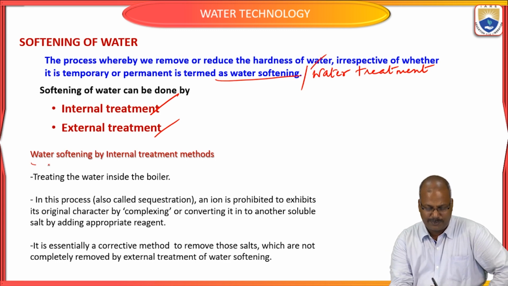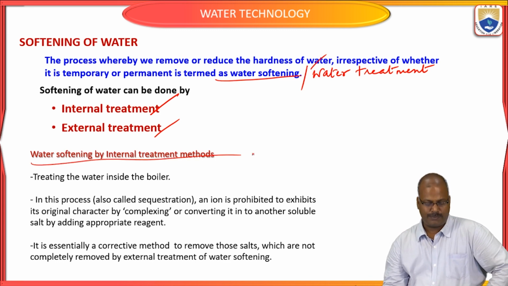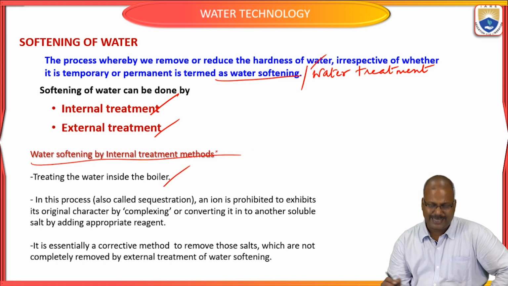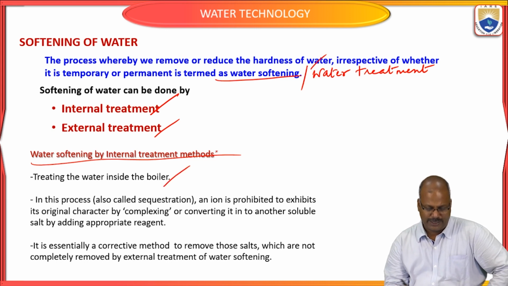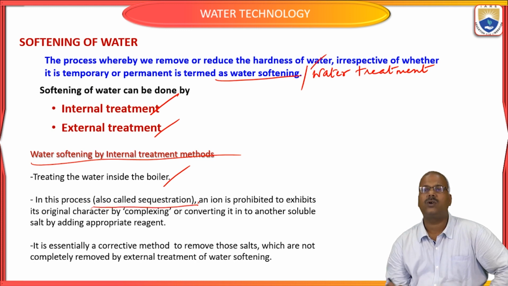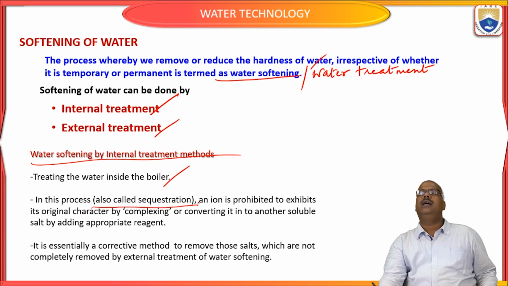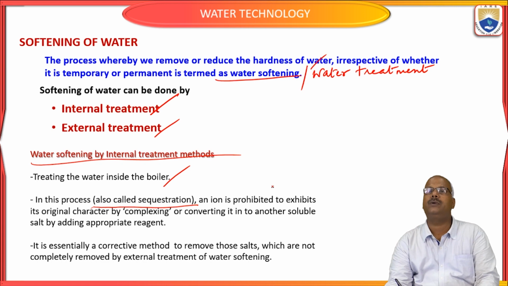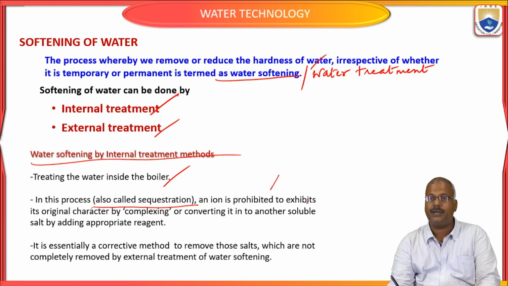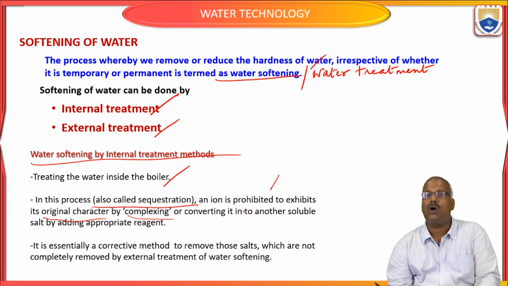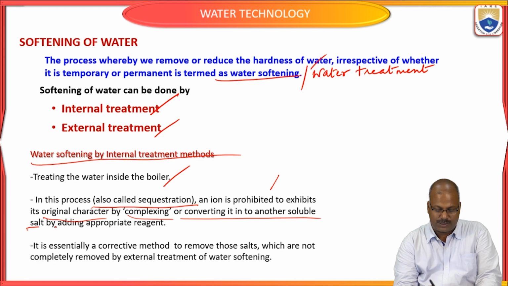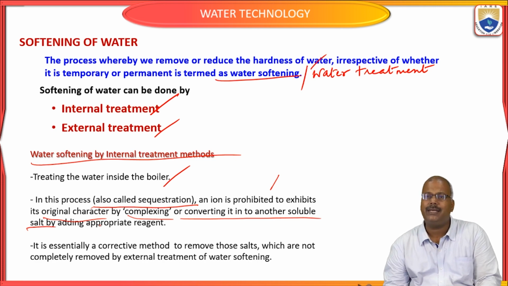Now, water softening by internal treatment methods. Internal treatment means treating the water inside the boiler. It is also called sequestration. An ion is prohibited from exhibiting its original character by complexing or by converting it to another soluble salt by adding an appropriate reagent.